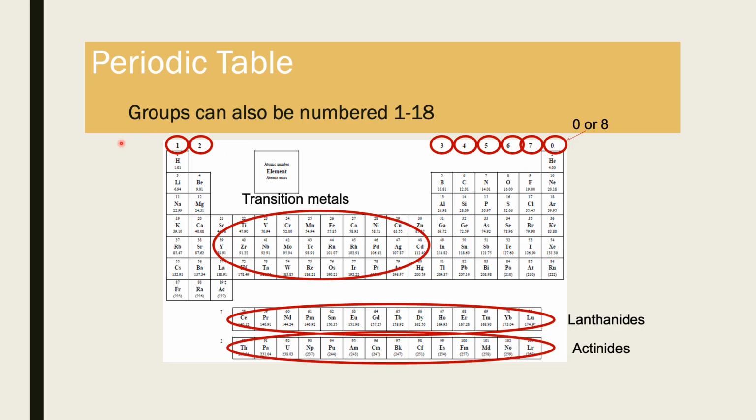Sometimes they're numbered 1 through 18. I believe the one that's in your reference folder goes group 1, 2, and then it drops down to 3, continuing across to where you would end with group 18. Other periodic tables use an A and B system, but again, for our class, we're using the one numbered 1 through 18.